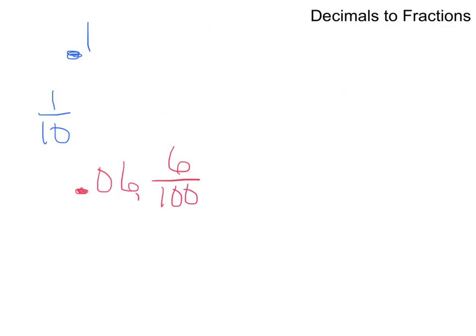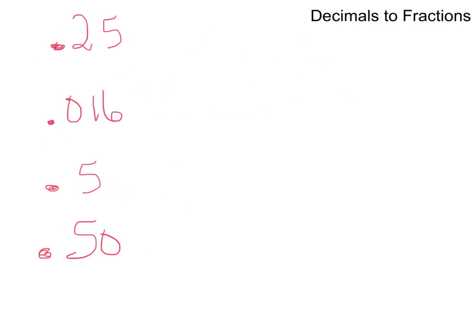What else could we write? Here are some more decimals that we can work with. If you see that this is 0.25 or 25 hundredths, how would we write that as a fraction?